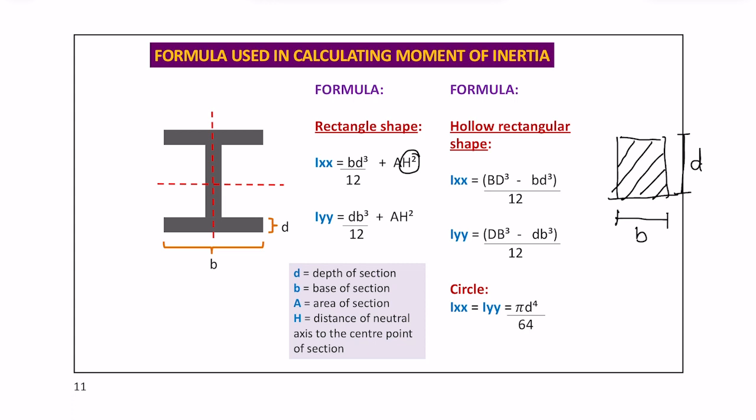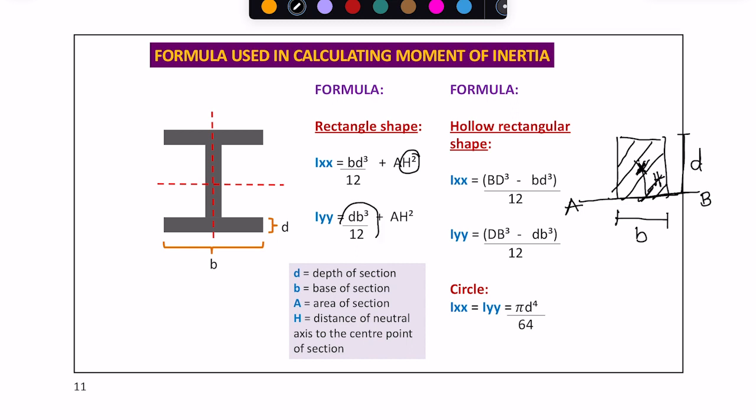from centroid to the point yang you tengah kira the inertia ke titik mana. For example, kalau you tengah kira ke axis AB di sini, means that H will be this value. And for IYY, it will be the other way around, yeah.